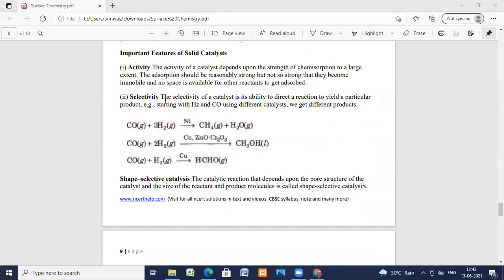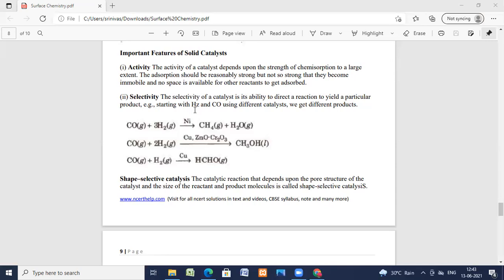Selectivity. The selectivity of a catalyst is the ability to direct a reaction to yield a particular product.